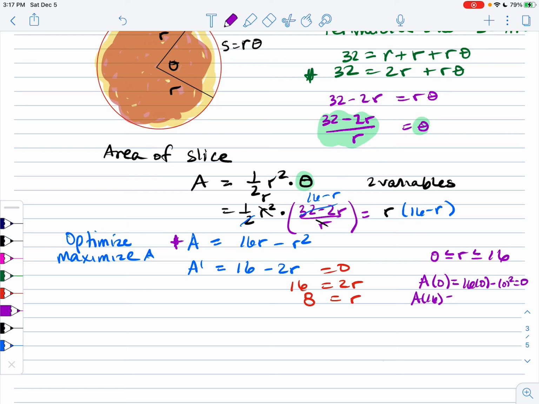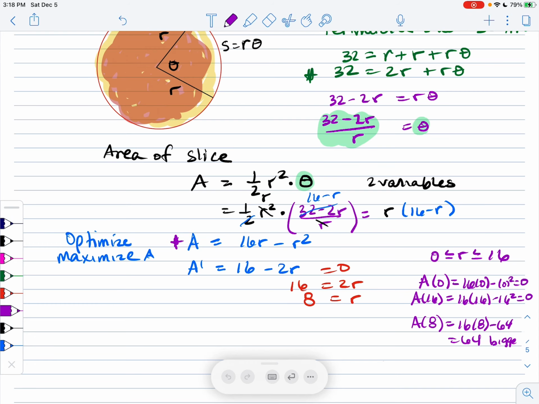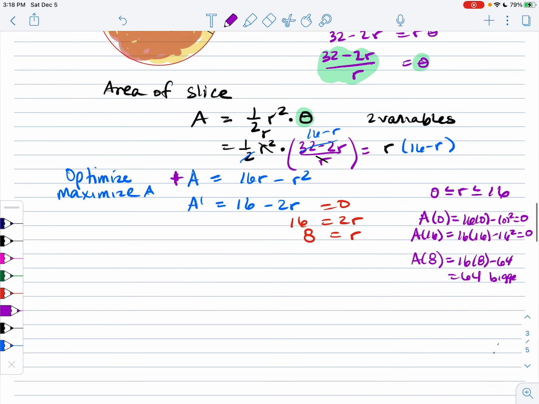Our A of 16 is going to give me 16 times 16 minus 16 squared. That's also going to give me 0. But our A of 8 is going to give me 16 times 8, take away 64, and that should give me 64, right? So this is the biggest, and so we know that r equal to 8 is our maximum.